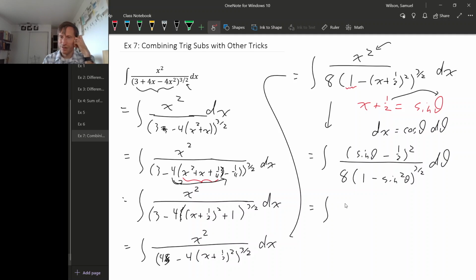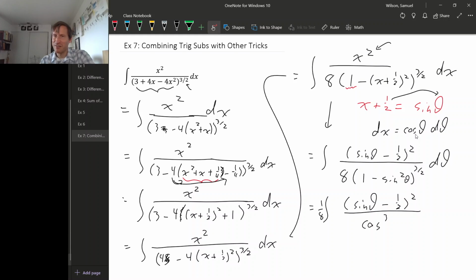I'm going to leave the numerator alone for the time being, so sine theta minus 1/2 squared, and move that 1/8 outside. In the denominator, 1 minus sine squared is cosine squared, but cosine squared to the 1/2 is just cosine, so we get cosine cubed down here.